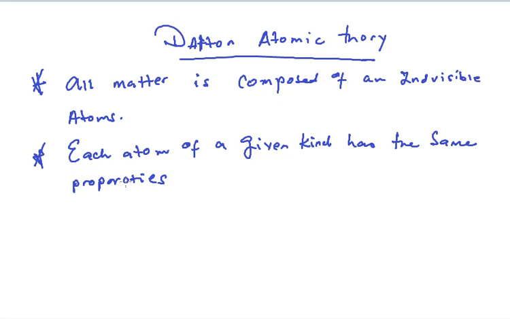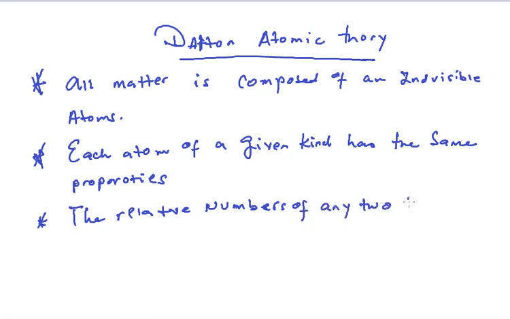The third theory is that the relative numbers of any two kinds of atoms in a compound occur in small ratios.